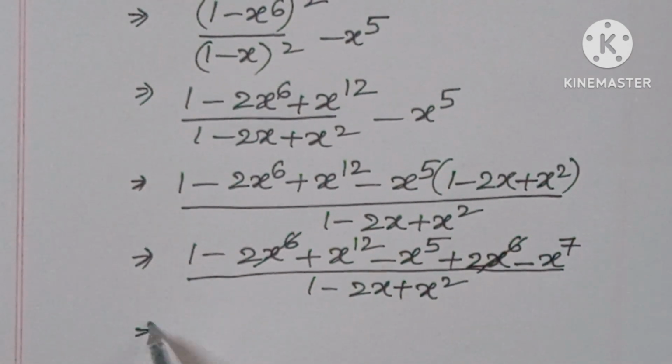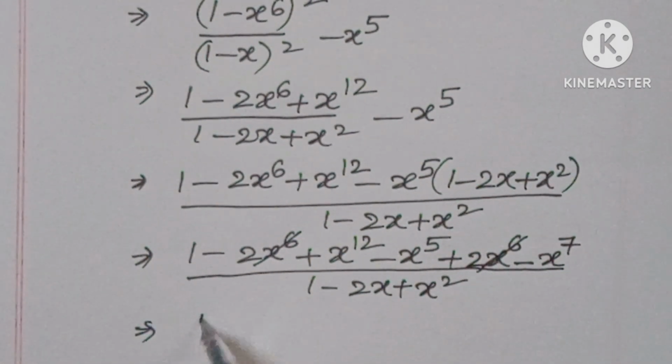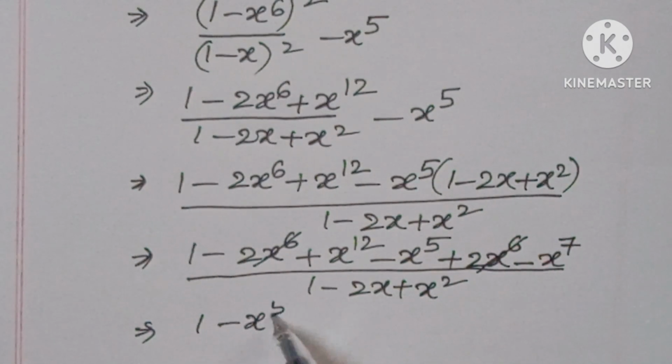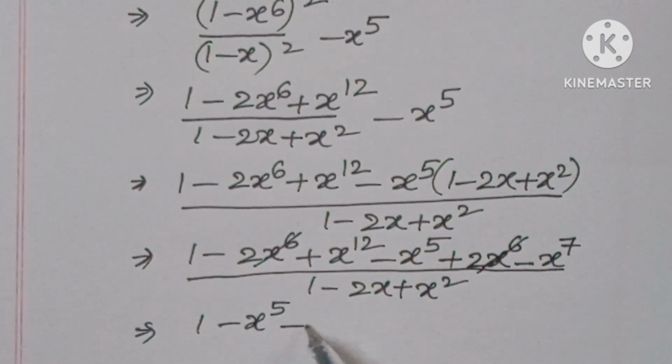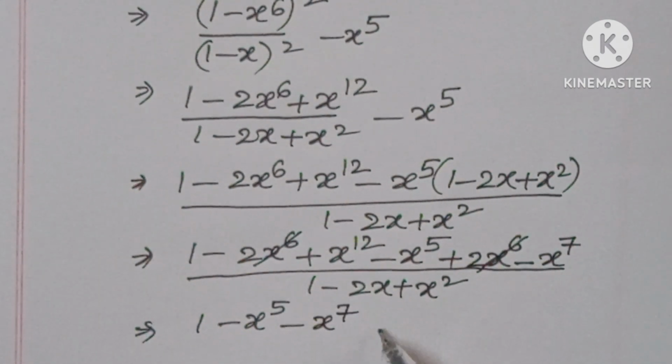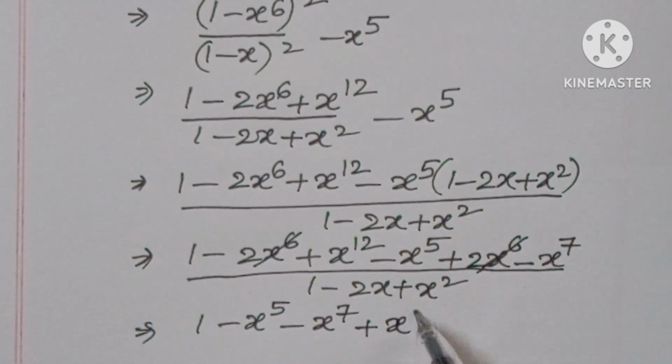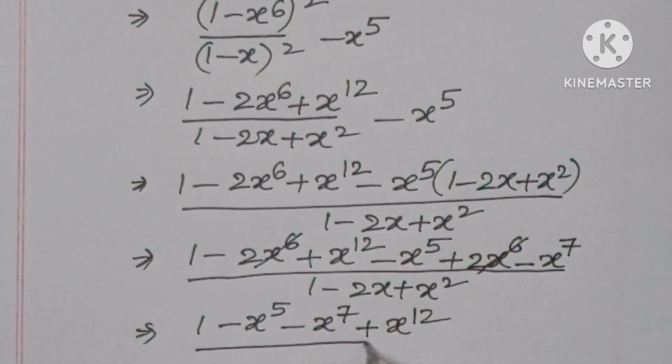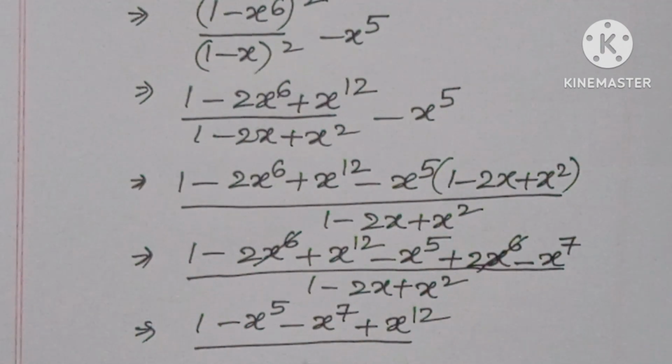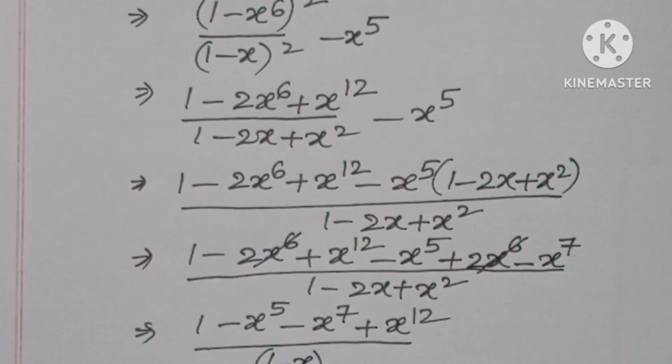So here you have to arrange in order: 1 − x⁵ − x⁷ + x¹² over (1 − x)².